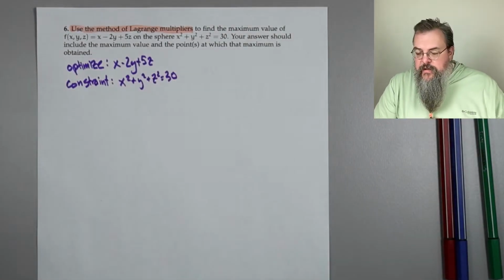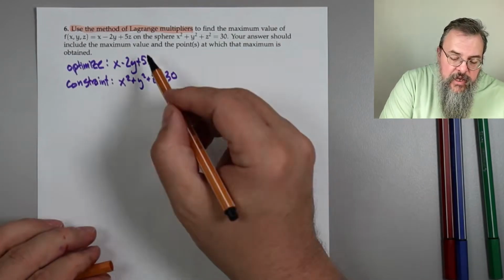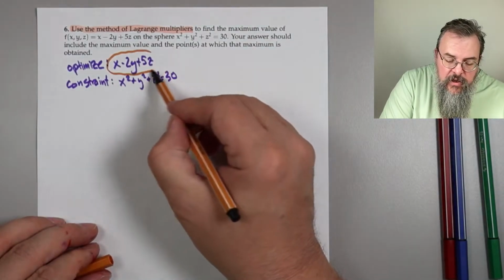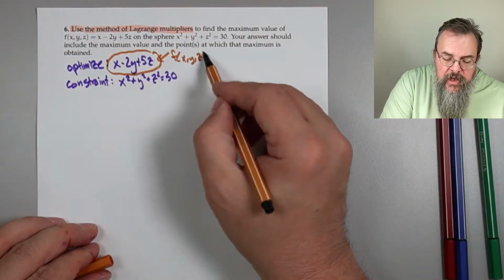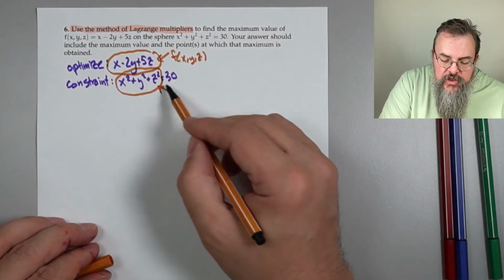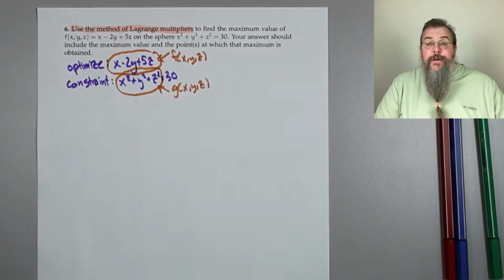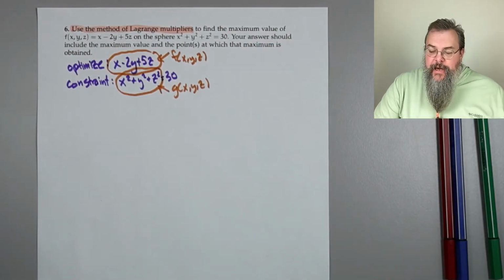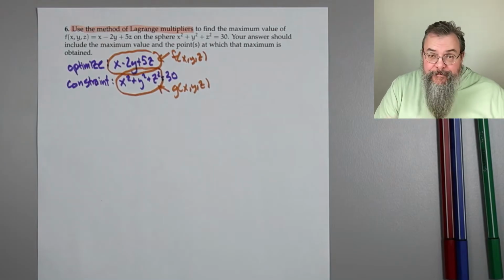This part right here is your f of x, y, z. And x squared plus y squared plus z squared, that's your g of x, y, z.